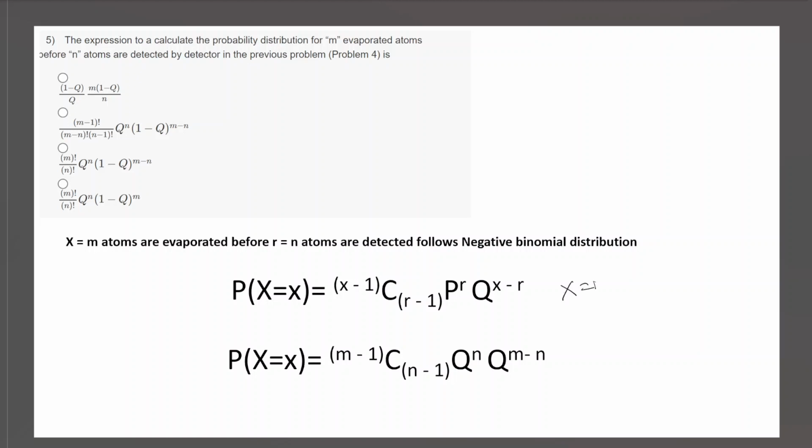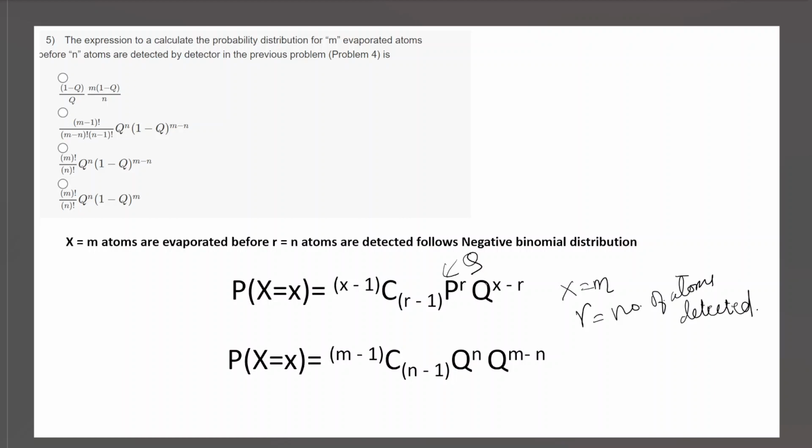X is nothing but M atoms being detected, and the number of atoms detected is r. So here the probability is given by the efficiency.